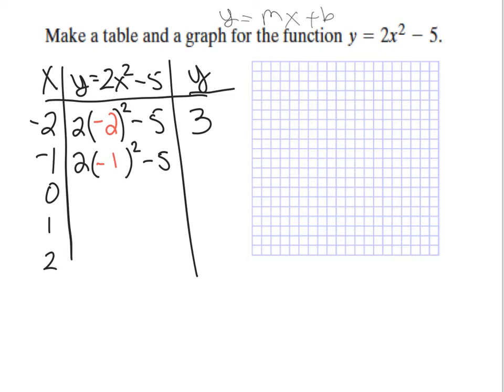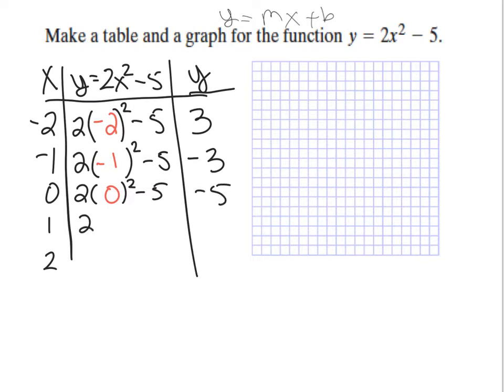This time replacing with the -1. -1 squared is 1, times 2 is 2, minus 5 gives us a -3. Put the 0 in. Zero squared is 0, times 2 is 0, and we get -5.